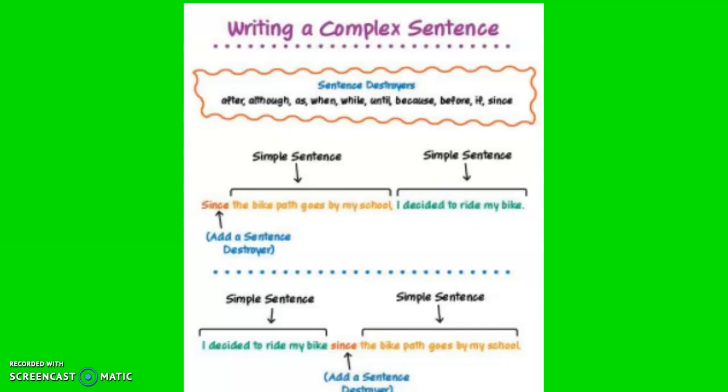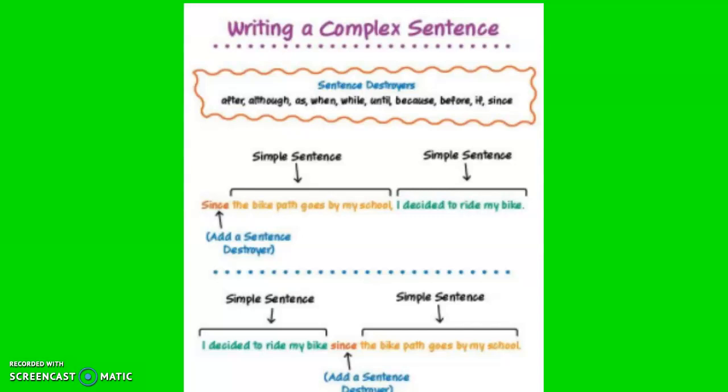If we read that all together, it's since the bike path goes by my school, I decided to ride my bike. So two sentences mushed together, your simple sentences. You put that comma, don't forget your comma, and then the sentence destroyer in the front.